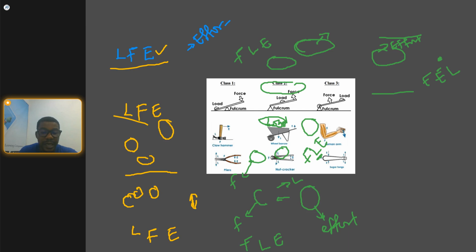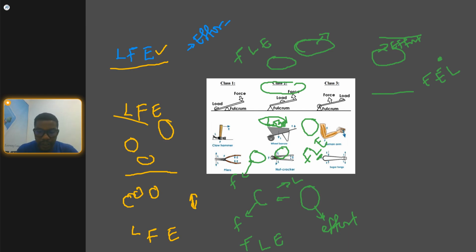And a perfect example is our hand. This is the fulcrum, and this is the load. The load is at the end. The fulcrum is here, and this is where you have the effort.